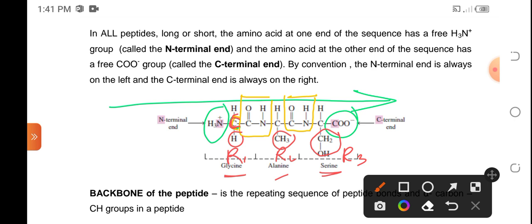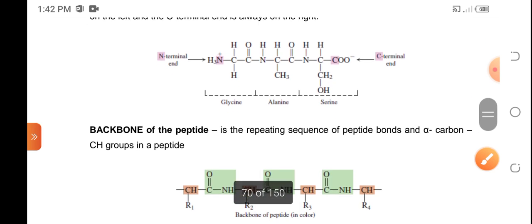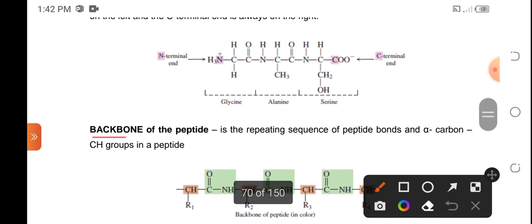So we have here the N-terminal plus the alpha carbon atom, then the peptide bond, the alpha carbon atom of the second amino acid, then followed by the peptide bond, then the alpha carbon atom of the third amino acid, and lastly the C-terminal. Okay, so ang tawag daw natin dyan is the backbone of a peptide.